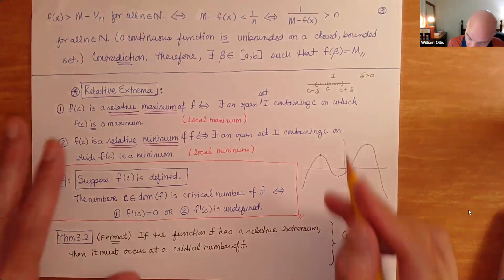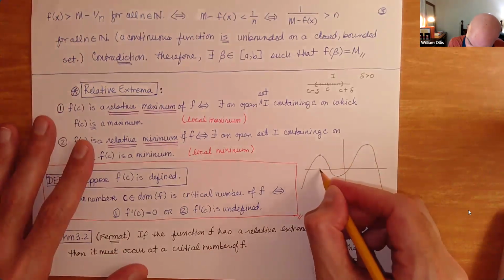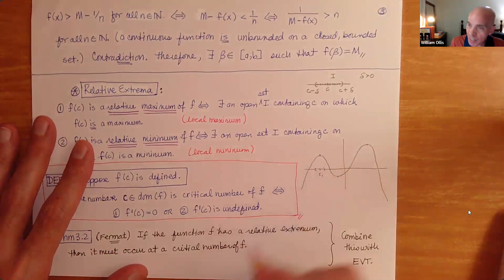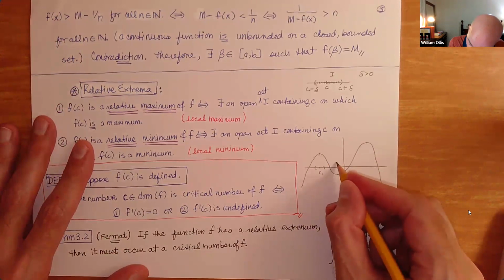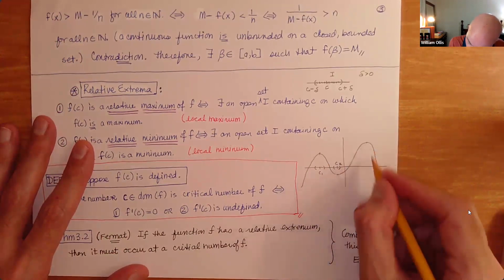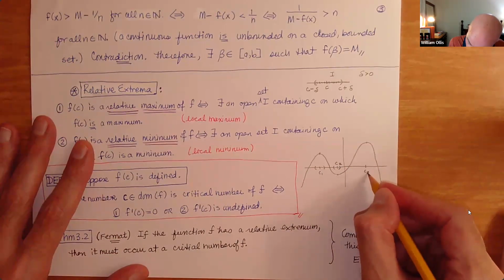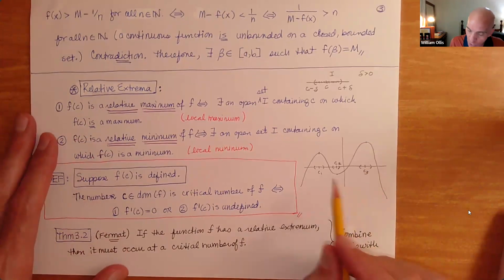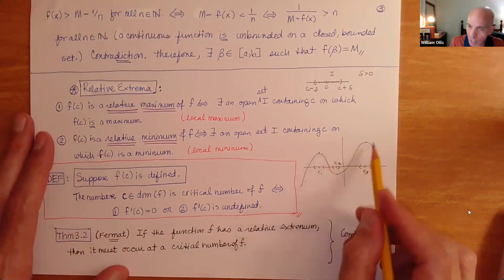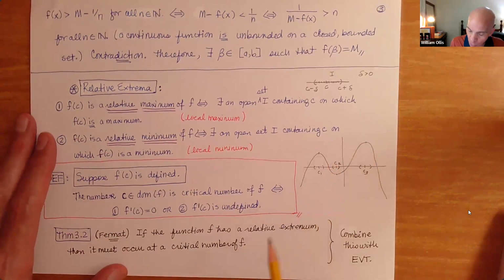Locally, and so you could think of this as a C1, where you have an open set about C1. You can think of this as a C2 and an open set about C2 and a C3 and an open set about C3. So this would define 2 relative maxima and 2 relative minima.